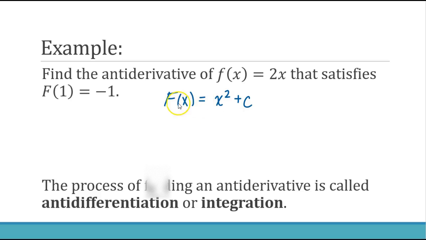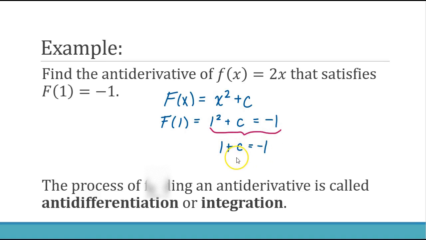So I want the specific antiderivative that satisfies this condition, that when I plug 1 into the x value, what comes out is negative 1. So I want F of 1, well, that would be 1 squared plus c. I need that to equal negative 1. So I'm solving this equation for the constant c. In other words, 1 plus c is equal to negative 1.